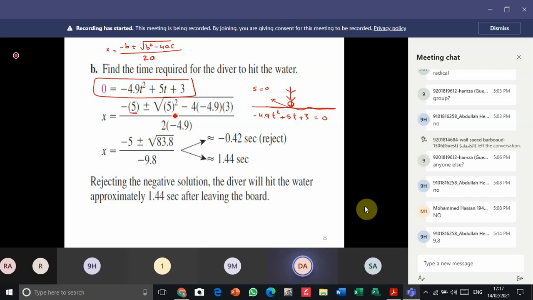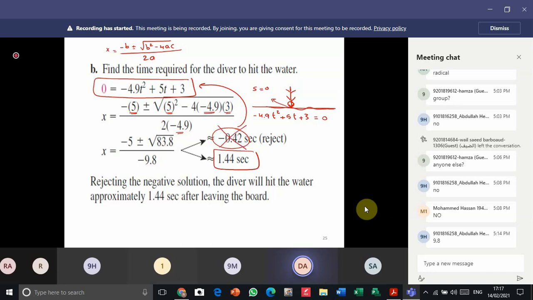Put in b squared minus 4, this is the a, this is the c, over a. We have two solutions. One of them is negative. This is the solution of this quadratic equation, but the negative must be removed. Why remove the negative? This is the solution: 1.44 seconds for the diver to reach or hit the water.